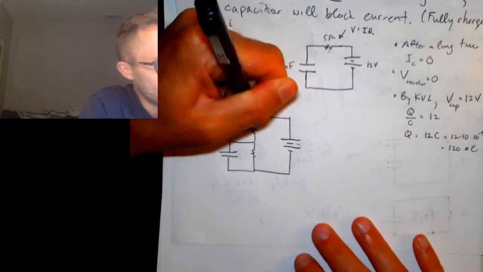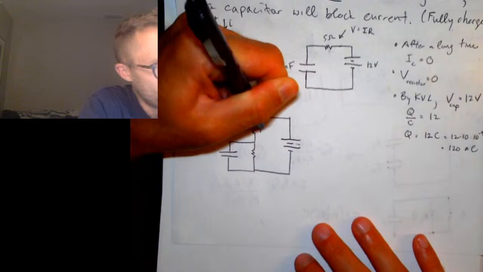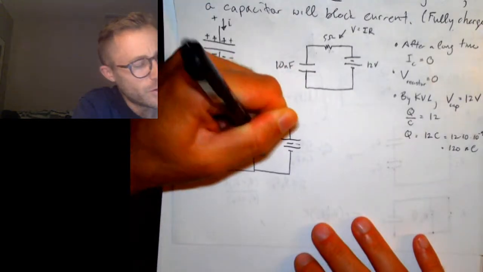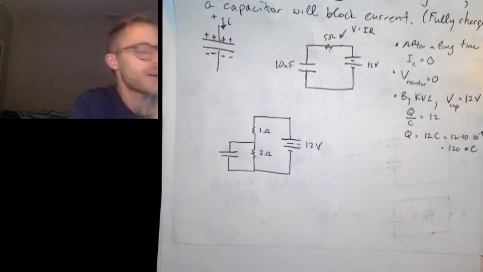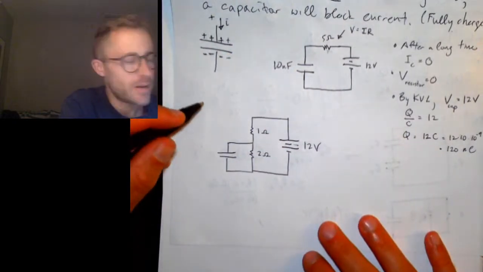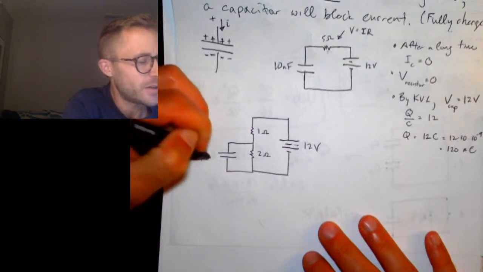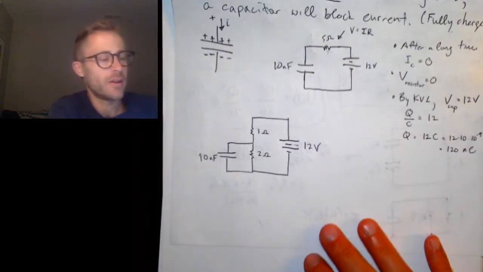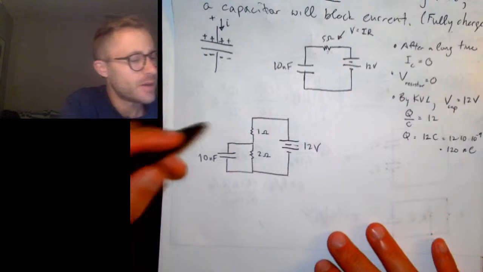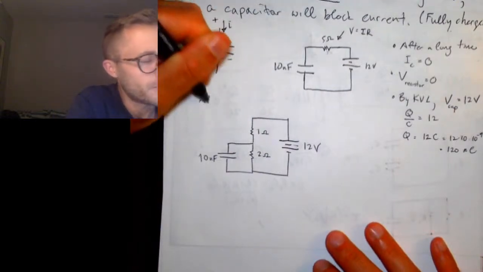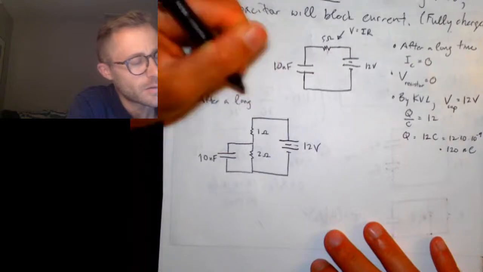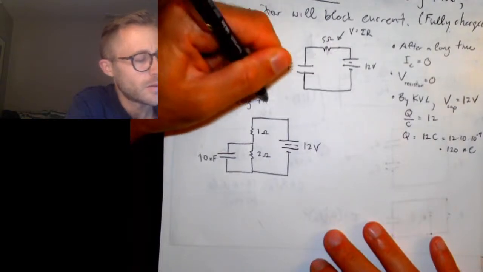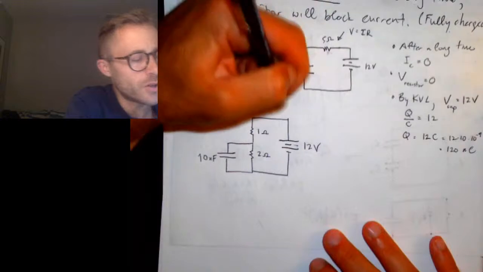So maybe this is 1 ohm, this is 2 ohms, this is 12 volts, okay? And this is 10 nanofarads, all right? And we want to know, after a long time, what is the charge on the capacitor?